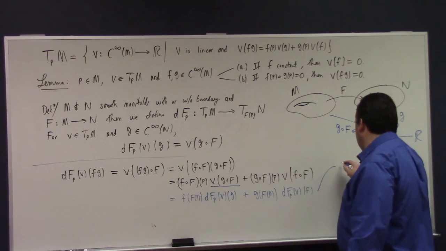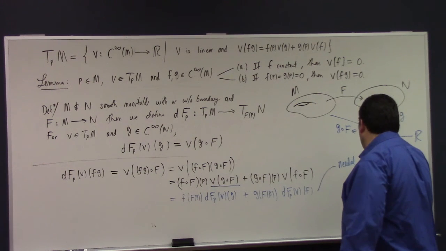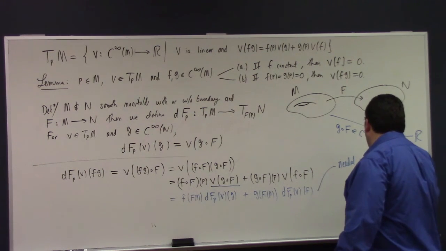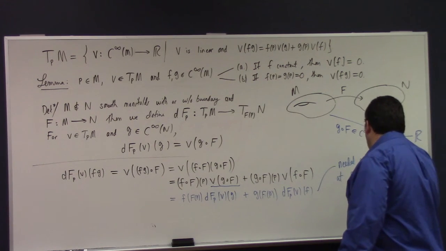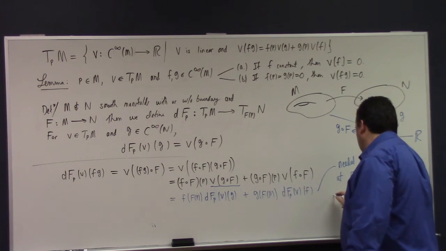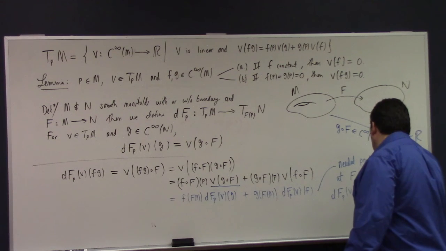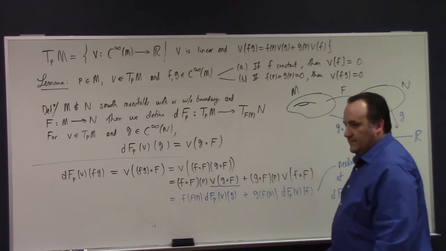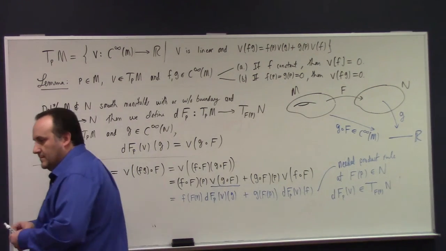This is the needed product rule at F of P in N. In other words, this shows us that DFP of V is in fact an element of the derivations at F of P on N. Okay?